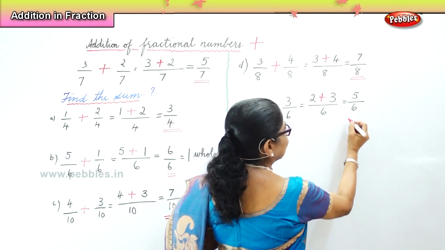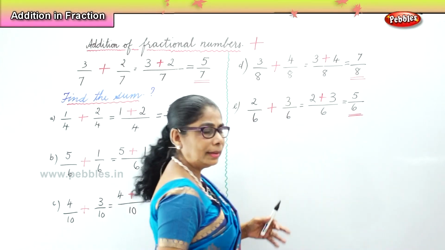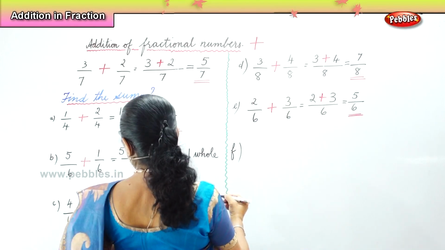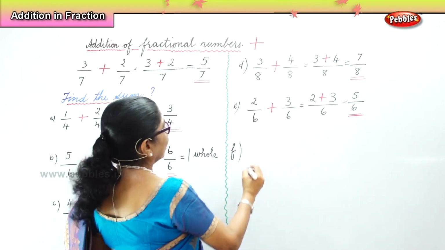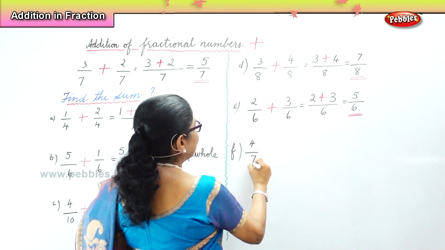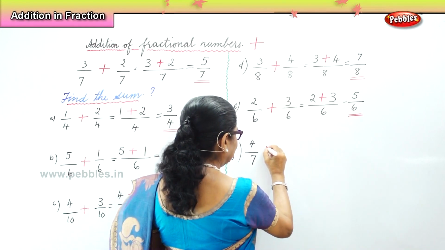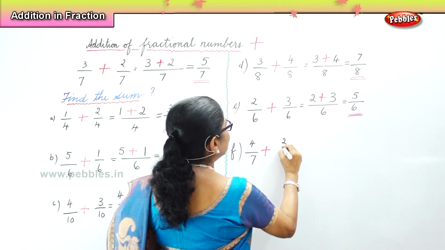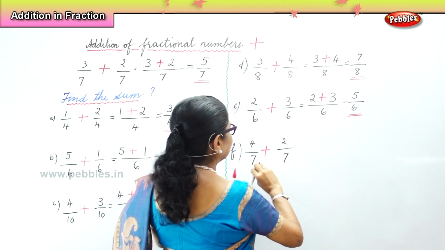And that's the answer. Alright, let's work out another sum. 4 by 7 plus 2 by 7.